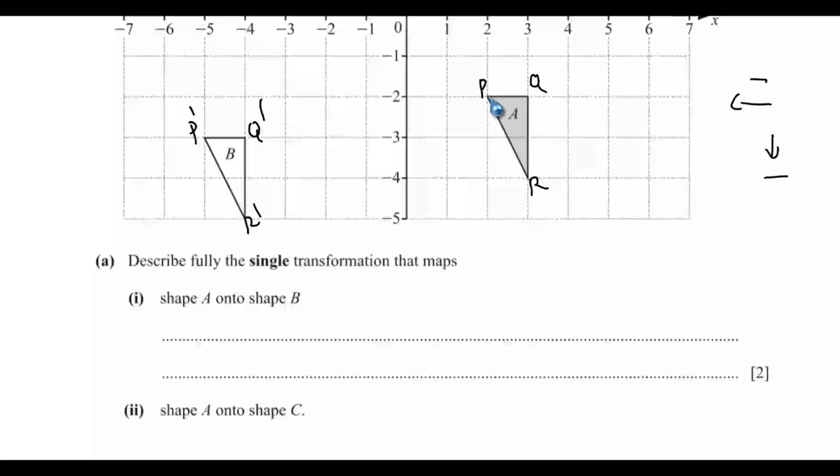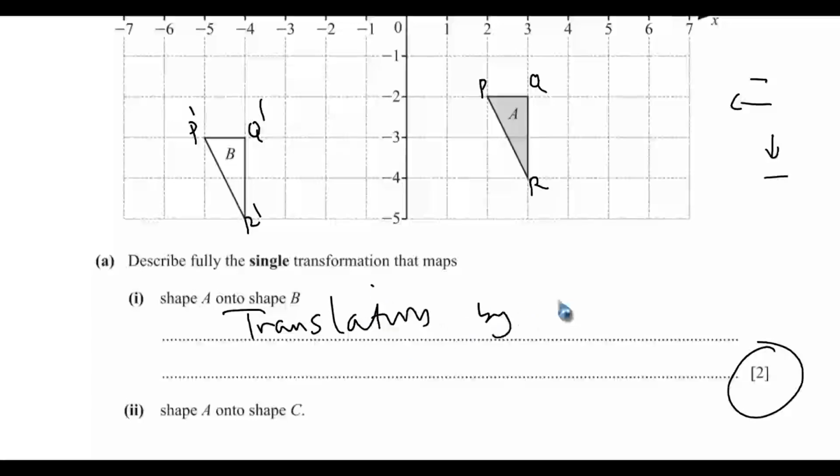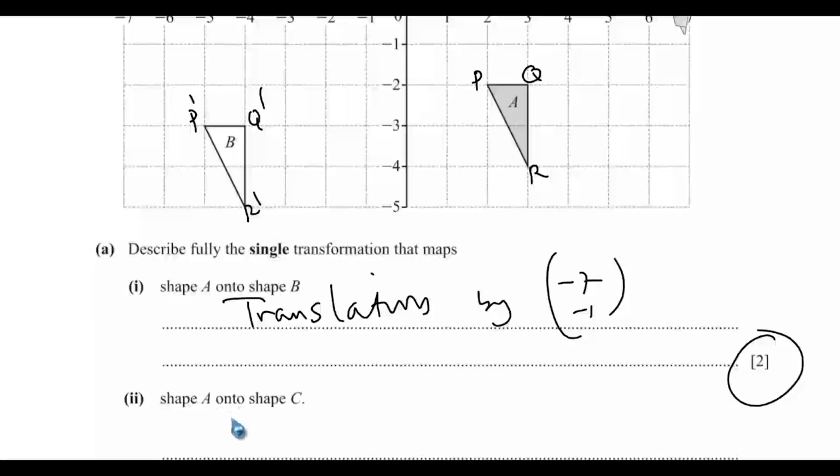So let's count from P to P prime. 1, 2, 3, 4, 5, 6, 7, that is minus 7, and minus 1. So the answer is translation by minus 7, minus 1.